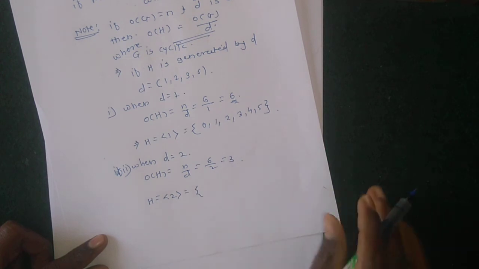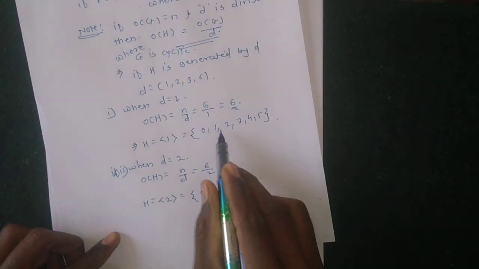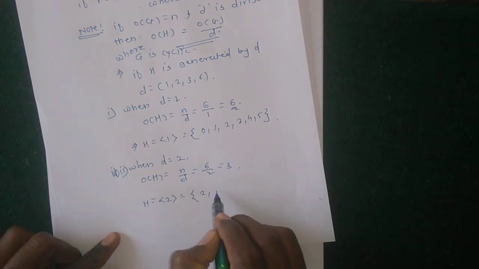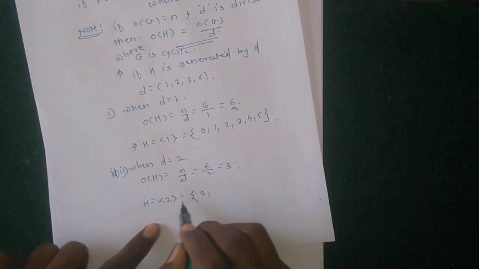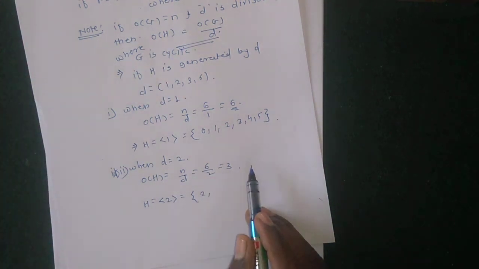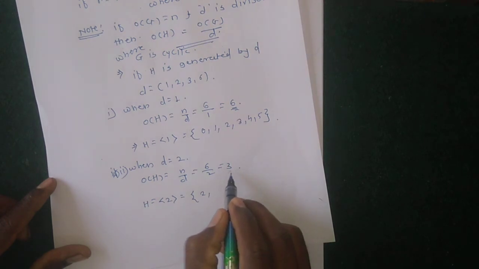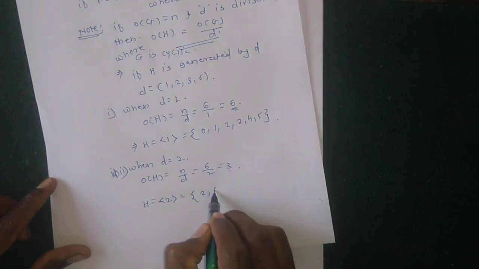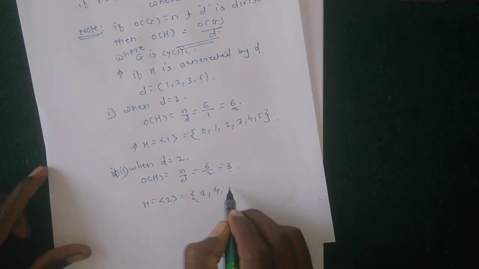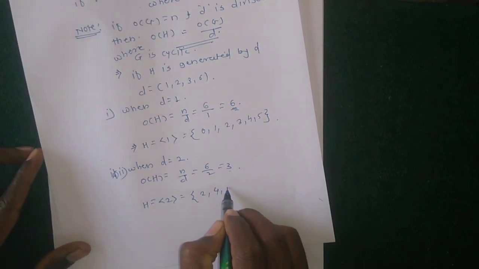The elements generated by 2 are only 3 elements: 2, 4 and 0, since 6 is congruent to 0.